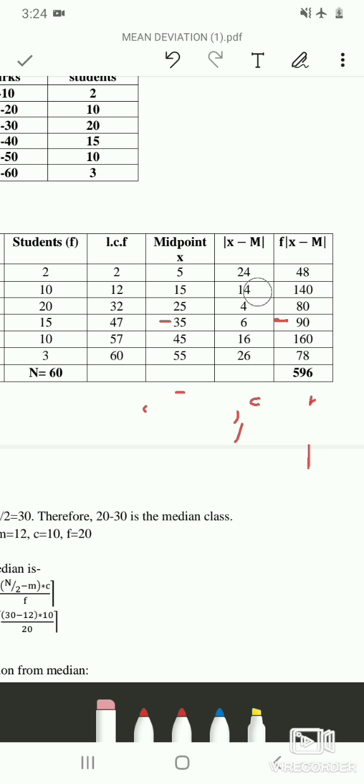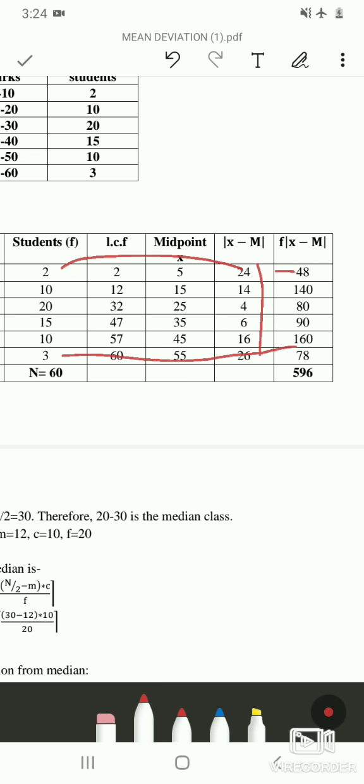So similarly calculate for all the values. So here x minus m, the values are given, so multiply with corresponding frequencies, that is 2 into 24 is 48, 10 into 14 is 140. Similarly calculate for all the values, and then take the summation of this whole column.